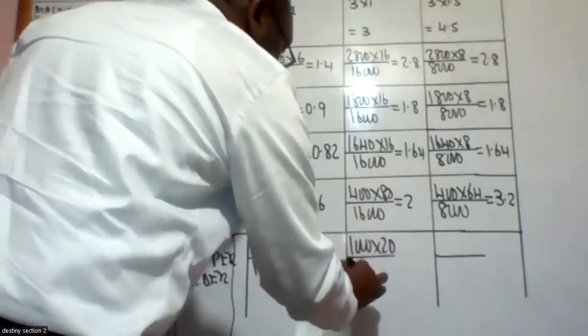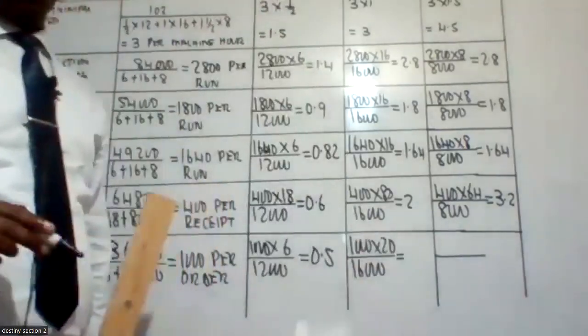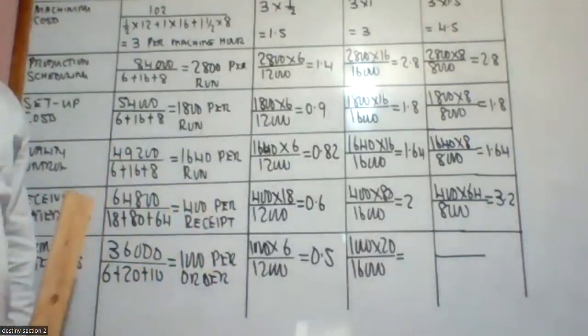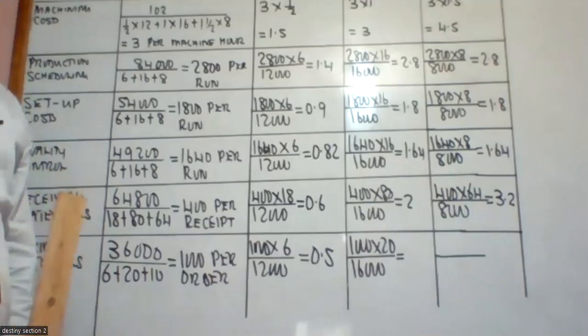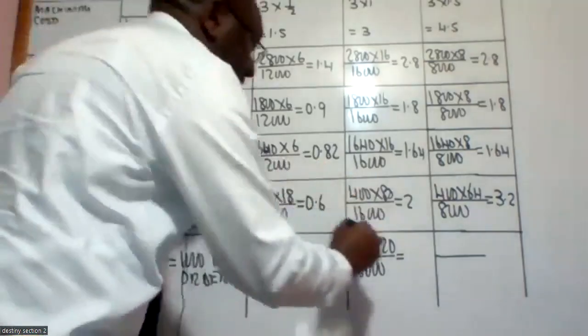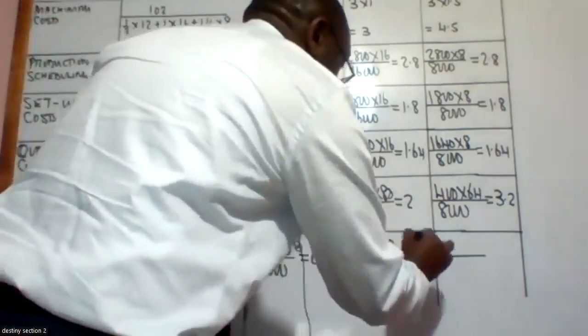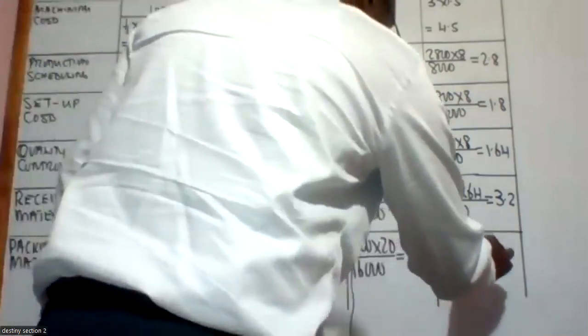You divide by 16,000. $1.25. Good. Then 1,000 multiplied by 10.